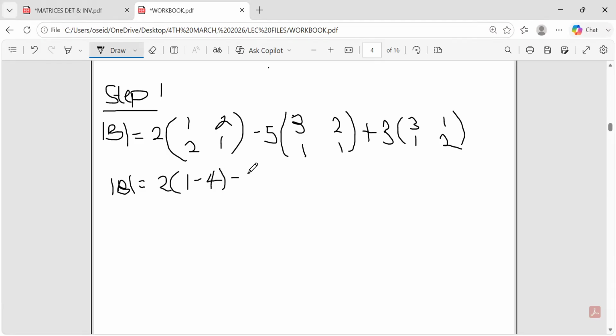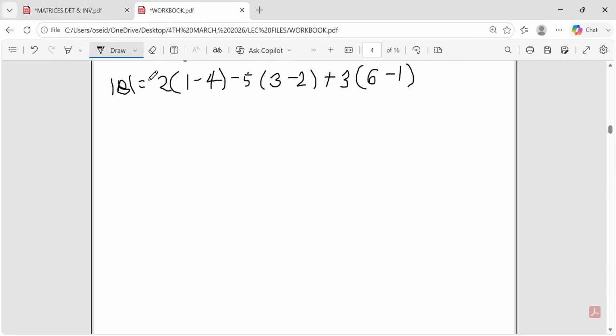Then minus 5 bracket 3 minus 2, because 2 times 1 is 2, bracket close, plus 3 bracket. 3 times 2 gives us what? 6. Minus 1 times 1 gives us 1.